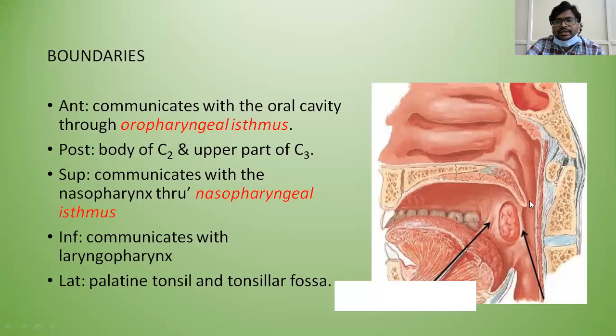Superiorly, it communicates with the nasopharynx through the nasopharyngeal isthmus. Inferiorly, it communicates with the laryngopharynx. Laterally, it is related to the palatine tonsil on either side and the tonsillar fossa. The tonsillar fossa is bounded anteriorly by the palatoglossal fold and posteriorly by the palatopharyngeal fold. So, the palatine tonsil and tonsillar fossa form the lateral boundary of the oropharynx.